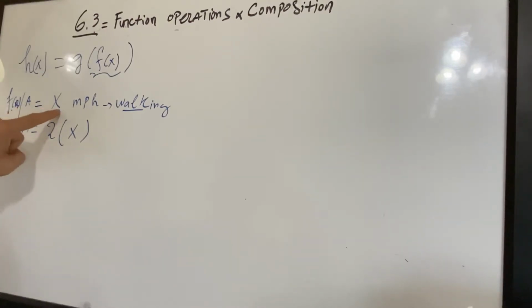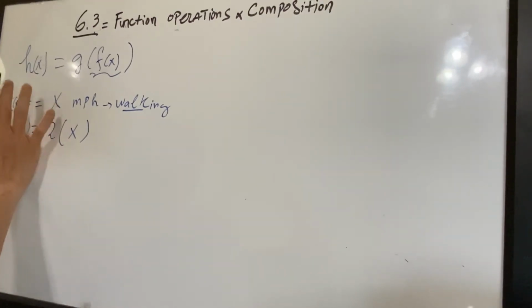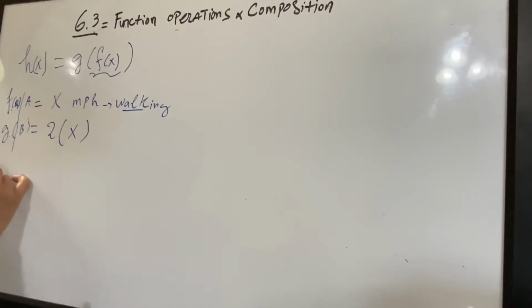Student A walks x miles per hour. Student B runs with twice the speed of student A. How about student C? There we go, student C, function k.